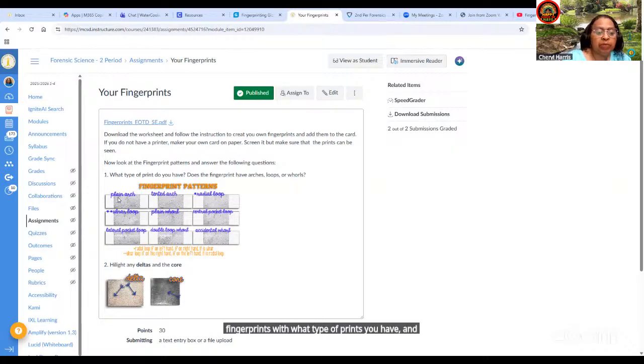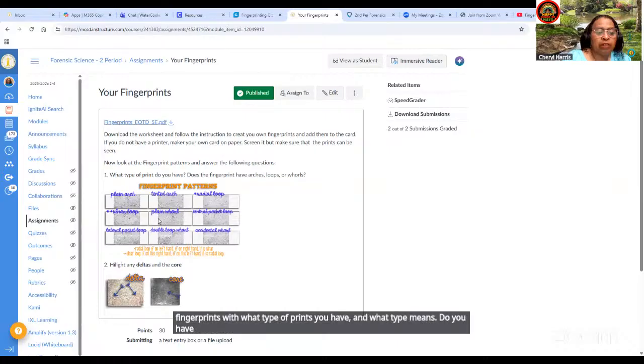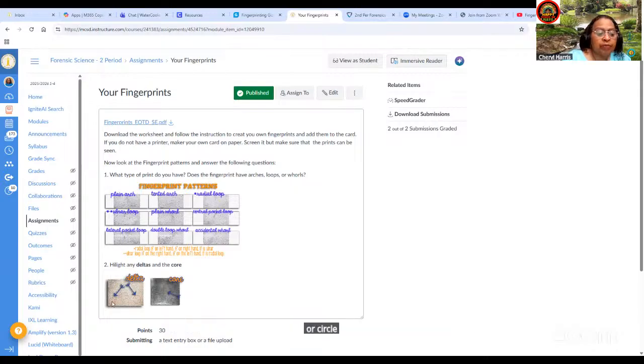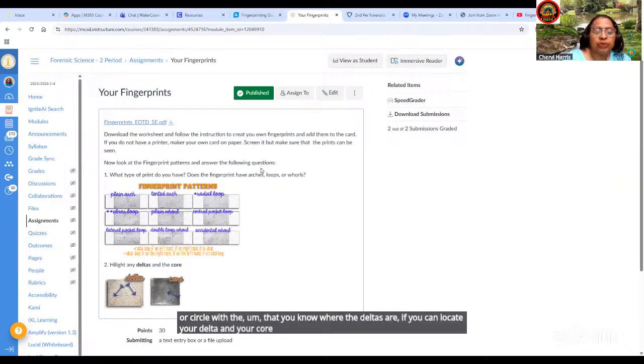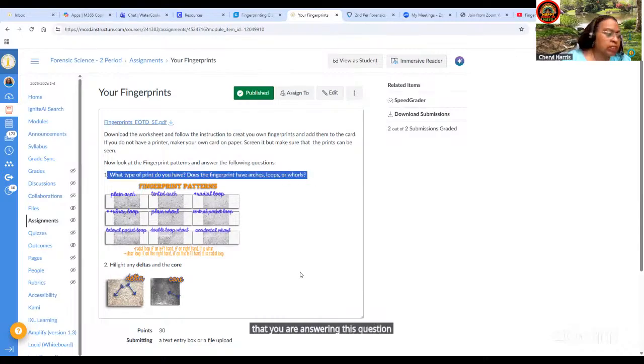And what type means, do you have plain arch, tented arch, whorls, or loops? So you want to make sure that you identify that. You also want to try to just highlight, just do a little highlighter or circle where the deltas are, if you can locate your delta and your core. So make sure that you are answering this question and not just sending me a page with fingerprints on it.